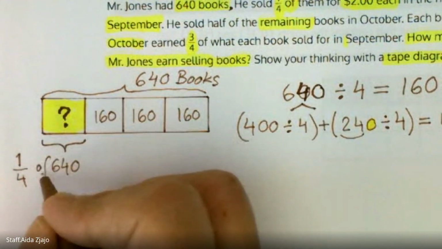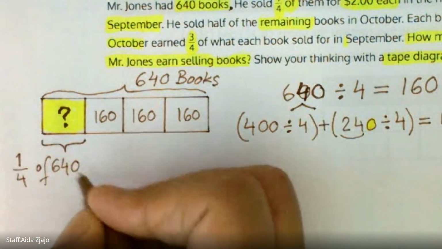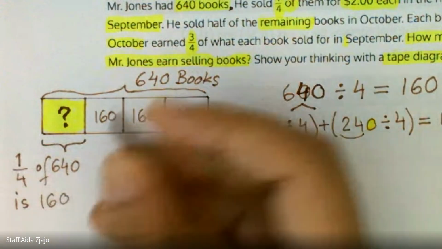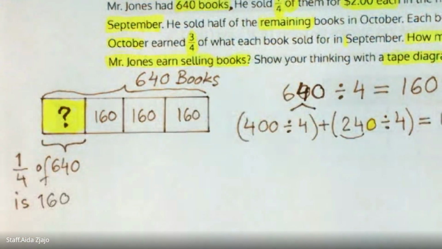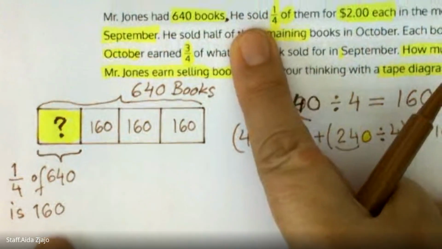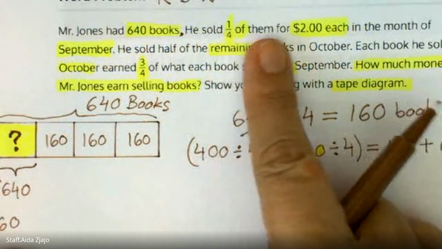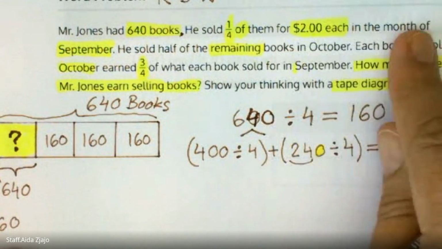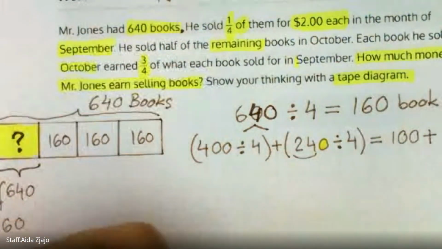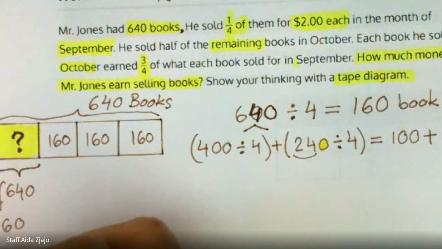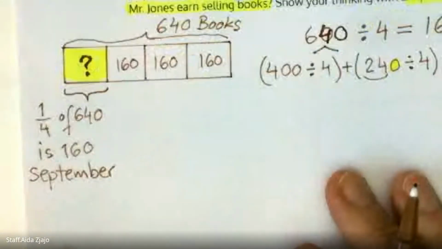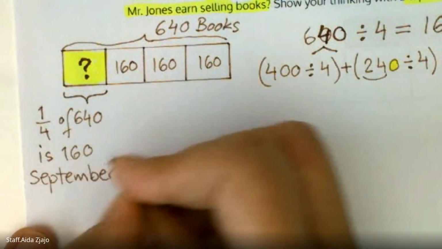So 1/4 of 640 is 160 books. Now we did a part here: he sold 1/4 of them for $2 each in the month of September. So this is September. He sold 160 books.